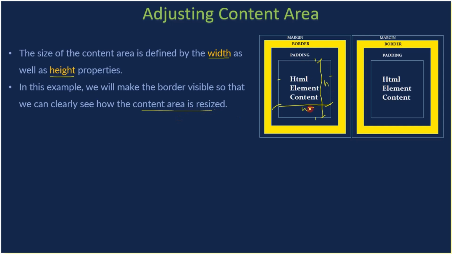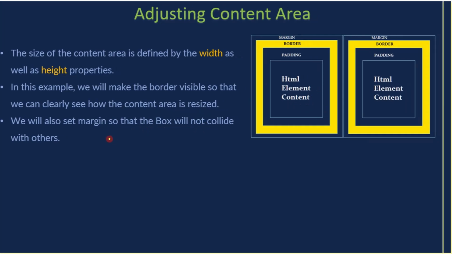When we resize the content area, if we don't have a border, and if there are multiple elements, still we can see the resize, but border will be very helpful to see how the content area is resizing. So we will enable the border when we go to the demo, and we will perform content resizing. We will also set margin so that a box will not collide with others. We will do that also in the demo.